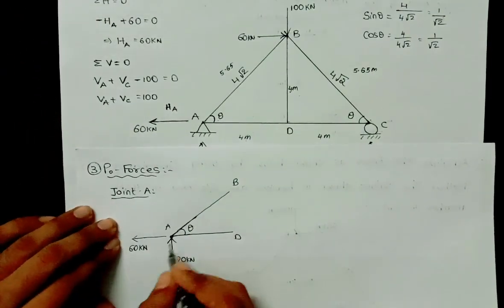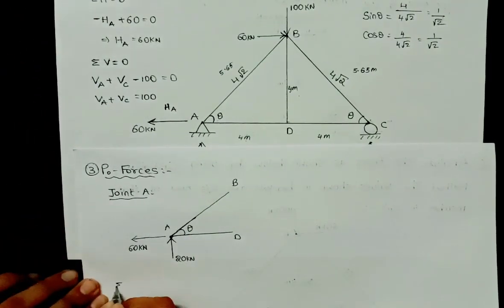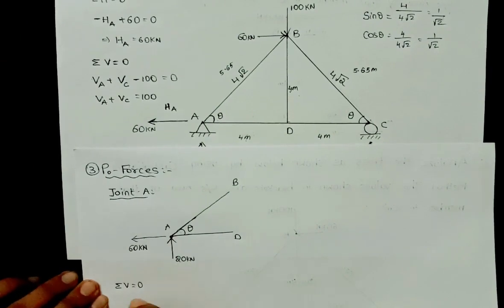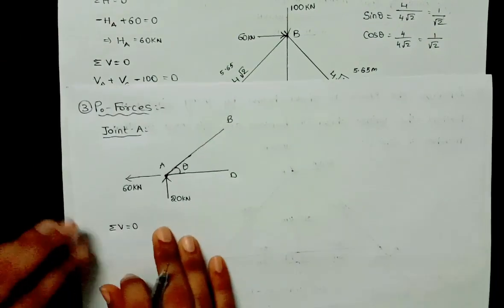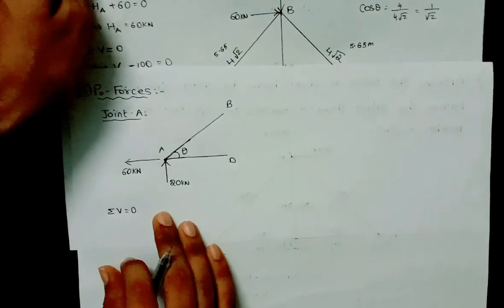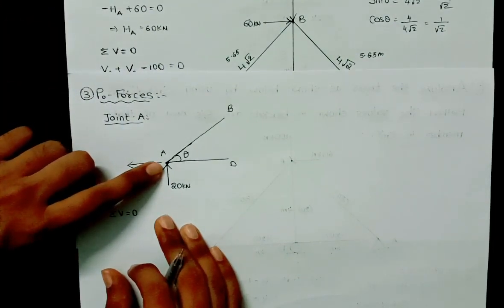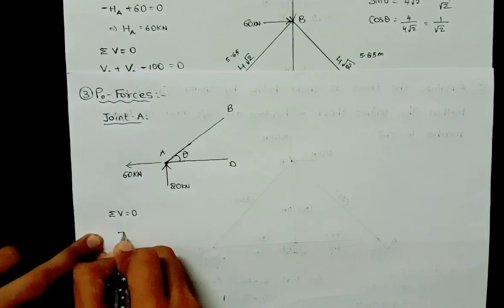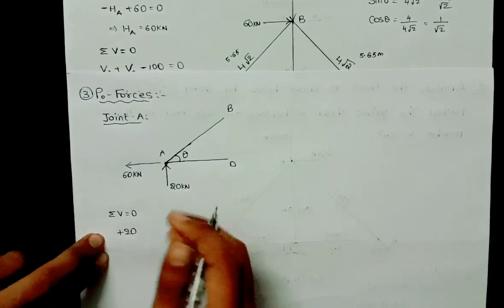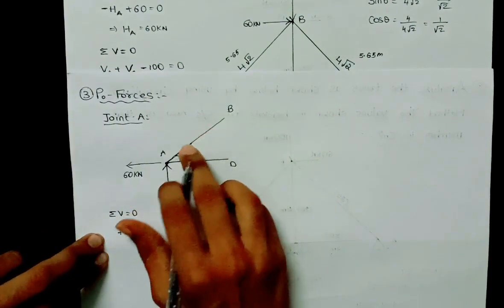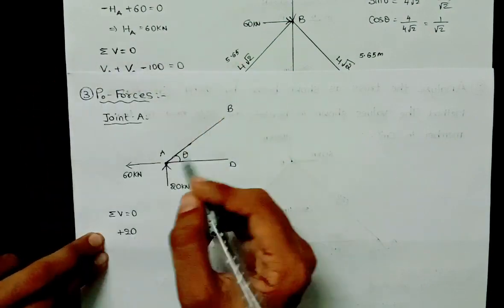So now I am resolving the force in vertical direction initially. So take sigma v equal to 0. If we take sigma v equal to 0, the 20 kilonewton load is acting upward direction. So plus 20. Okay. Now resolving this force vertically.